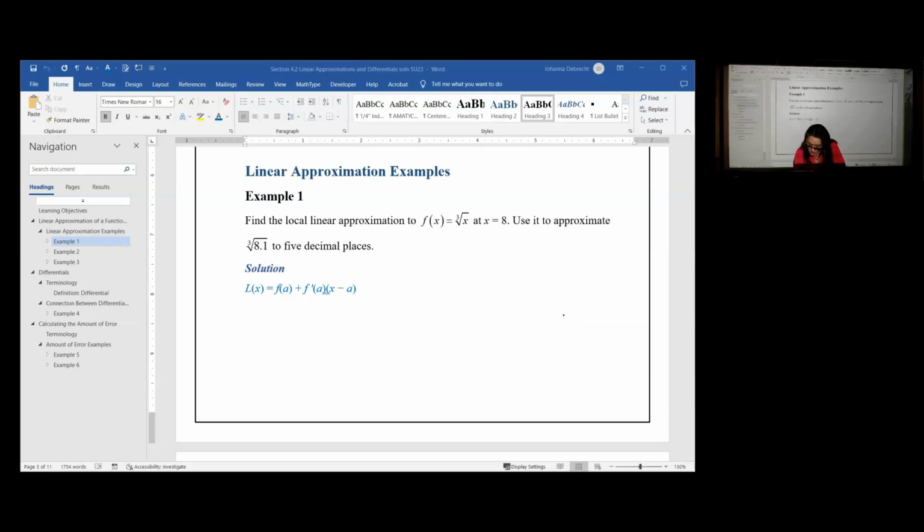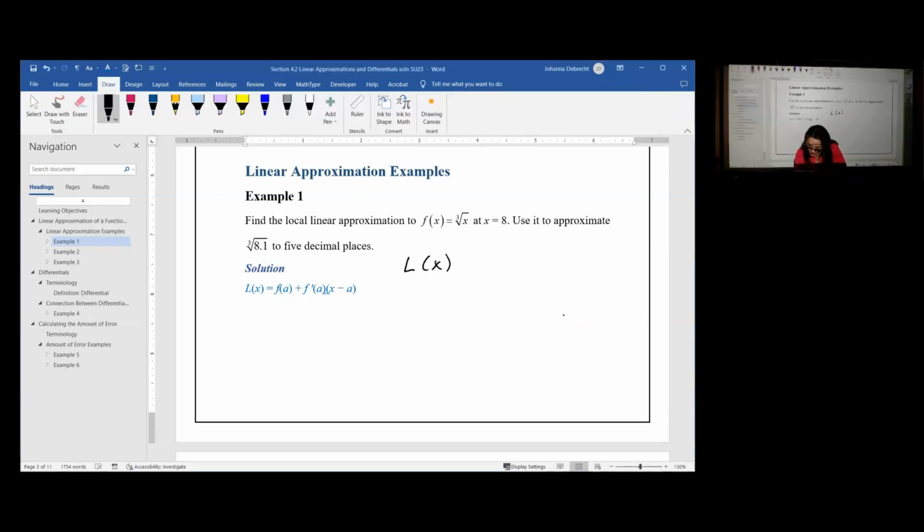This means that L of x is equal to the function value at 8 plus the derivative evaluated at 8 times the x value minus 8. What is the function value at 8? Well, we said the cube root of 8 is equal to 2. That will replace this first term. What about the derivative at 8?